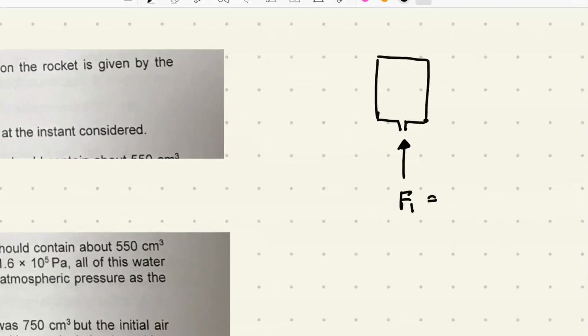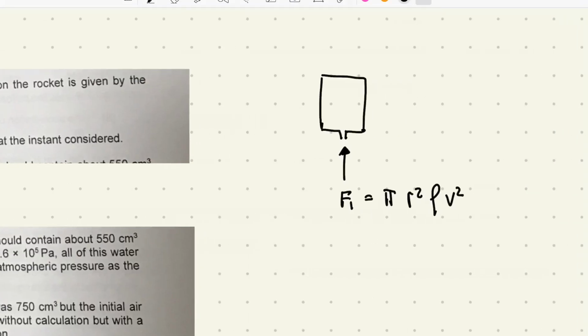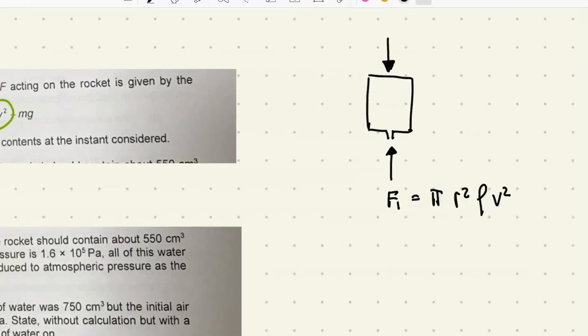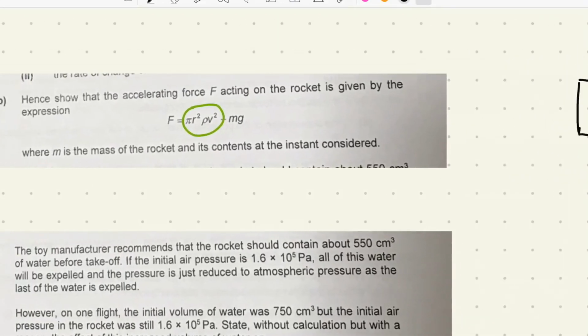We just call it F1, let's say. F1 is the force pushing it up, is πr²ρv² from our previous answer. Then there's a downward force called mg, which is the weight.